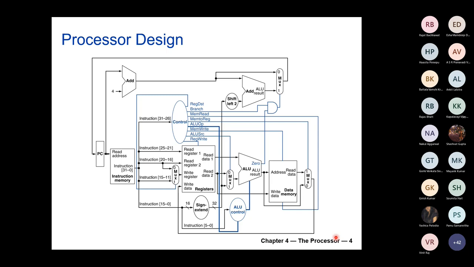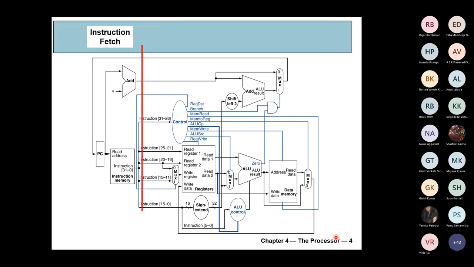Remember? So if we look into this hardware layout, we can see that this is the portion which is responsible for instruction fetch, because program counter supplies the address of the current instruction to be executed. The instruction is read from the memory, and at the same time PC is updated and so on. So this portion of the hardware is responsible for instruction fetch.